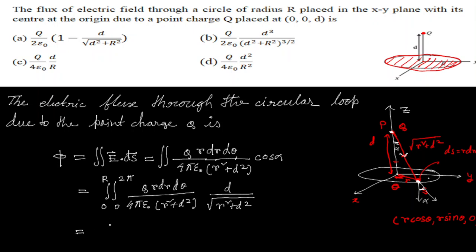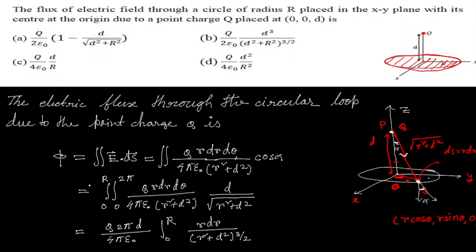So we can write Q into 2 pi, and also d is constant, so we can take it outside, d divided by 4 pi epsilon naught, and then we have to do this integration from 0 to capital R of r dr, and in the denominator it will be (r square plus d square) whole to the power 3 by 2.